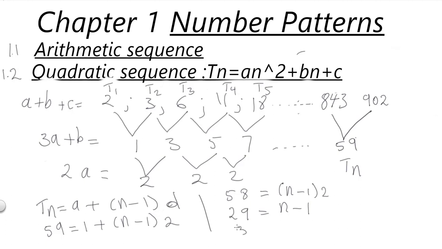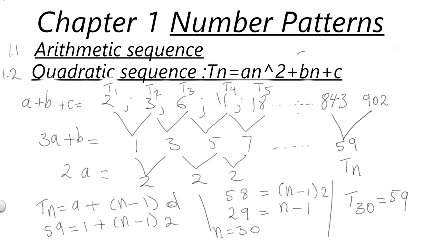So n equals 30. Can you see? So we found that n is equal to 30, so we have T30 equal to 59. So look at the trick here. The first term of the linear sequence is between T1 and T2.